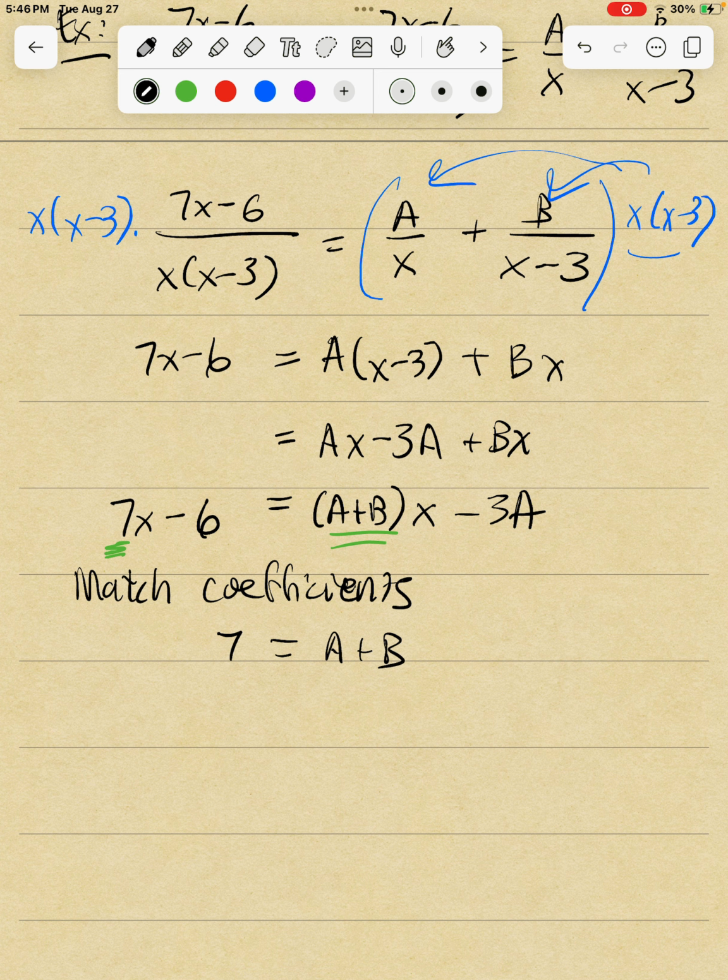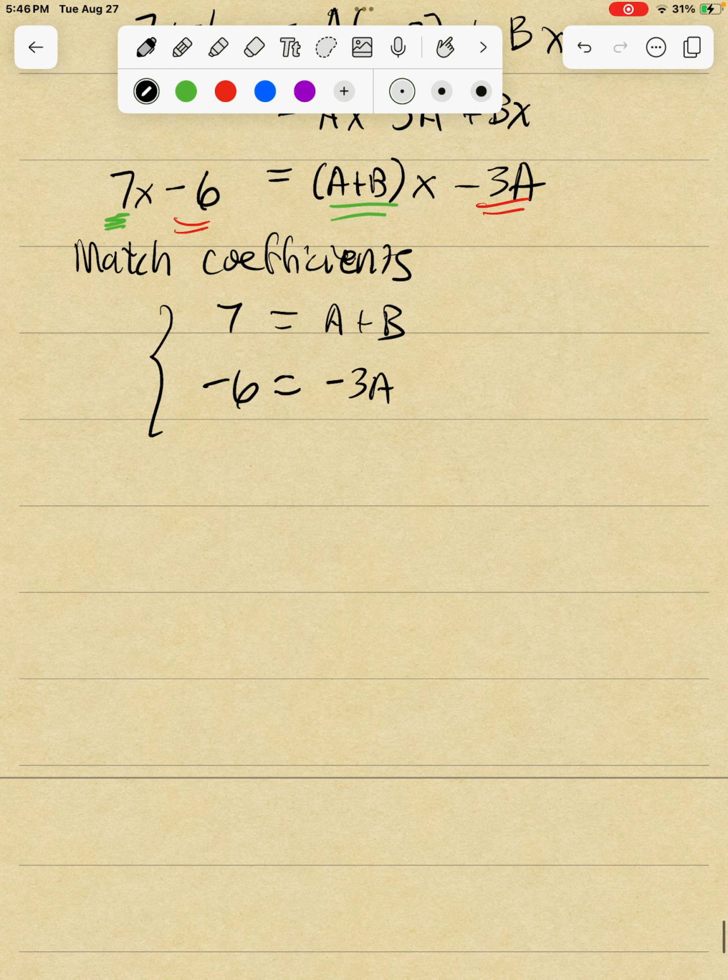Now we can match the constant coefficients. The constant coefficient on the left is negative 6, because this is 7x plus negative 6. What's the constant coefficient on the right? Negative 3a. So negative 6 equals negative 3a. Now we have this system of equations and we can solve.